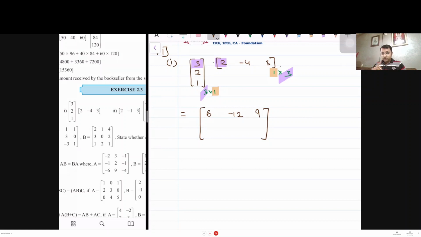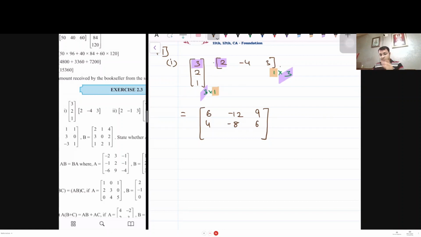As I told you in the previous part, each row of the first matrix is multiplied with each column of the second matrix. So that's what I did. First row and all the 3 columns. Now second row and all the 3 columns. So 2 into 2 is 4, 2 into minus 4 is minus 8, and 2 into 3 is 6.